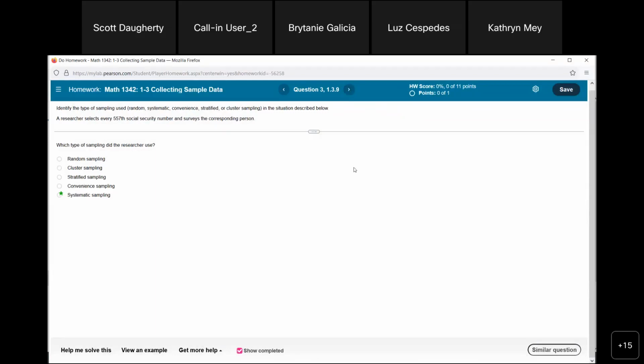Okay, and then the last thing we're going to talk about is there are different ways of creating or collecting your samples. The most common ones are called, I've already mentioned the random sample, which is the ideal one. But sometimes you'll see people collect samples using a system. That's called a systematic method. Sometimes you'll see people use whatever's convenient for them, like internet surveys.